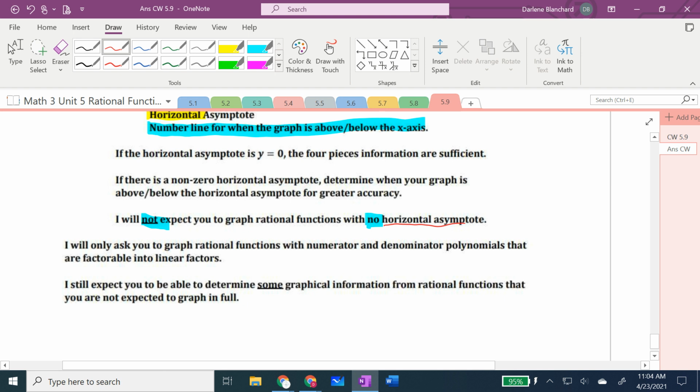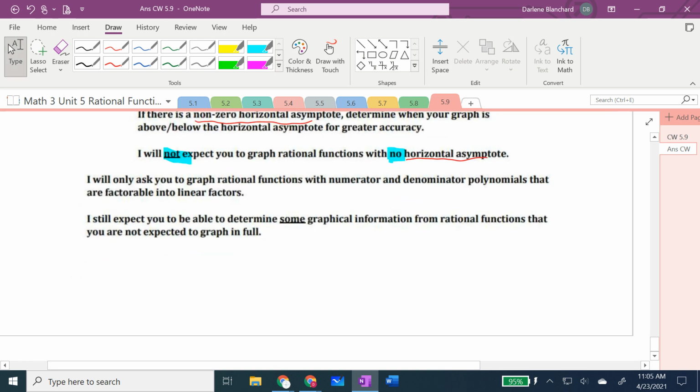You will deal more with that in your next math class. So I'm only going to have you graph if you have a horizontal asymptote. With a non-zero horizontal asymptote, you can determine more, but you don't have to. Just follow the horizontal asymptote.